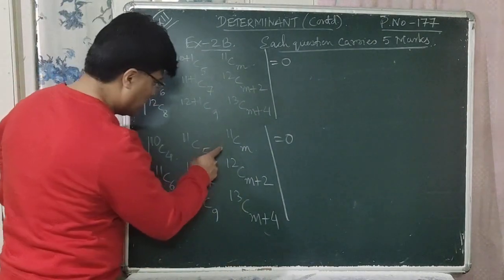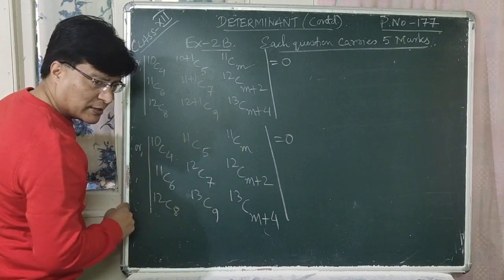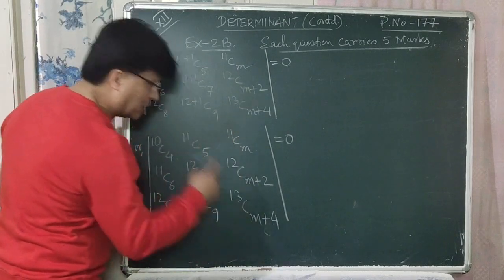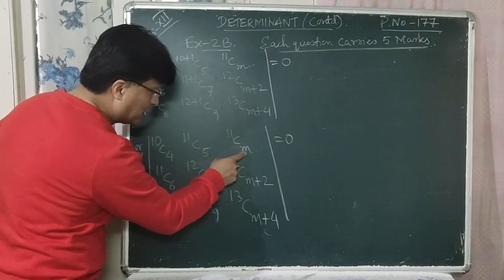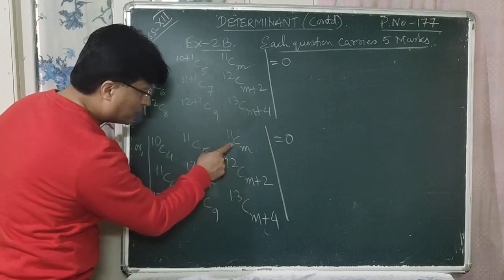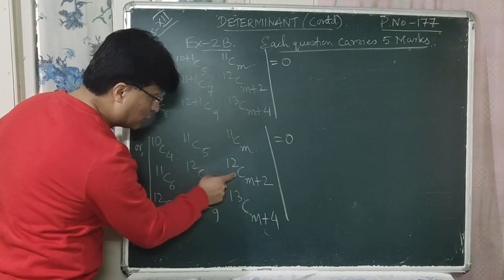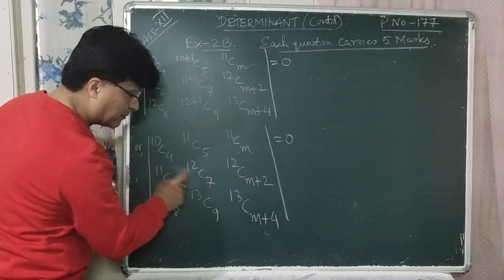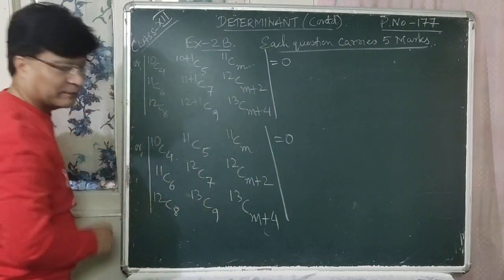Suppose in the second column these are the elements, and in the third column these are the elements. If we put m is equal to 5, then 11C5, 11C5, 12C7, 12C7, 13C9, and this is also 13C9.